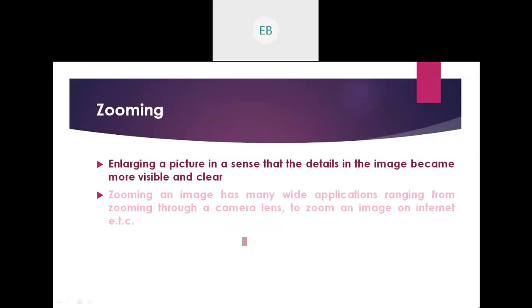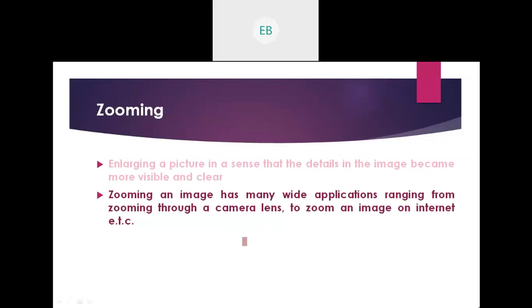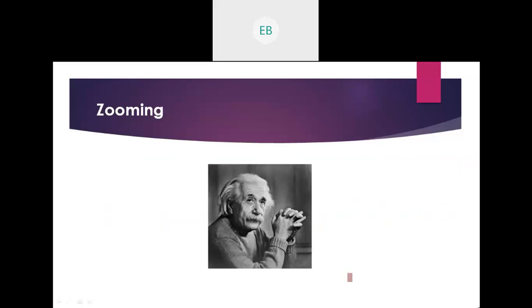Zooming of an image is nothing but enlarging the picture in order to get a clearer picture of the image. Zooming an image has a lot of applications, ranging from zooming through a camera lens to zooming an image on the internet. This is an example: I'm taking Einstein's image here.